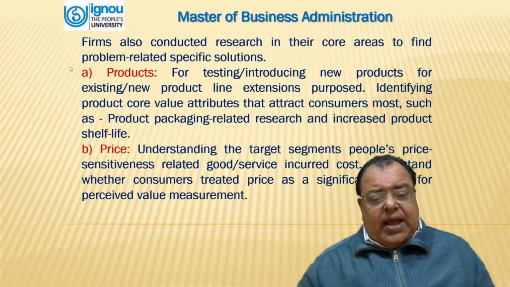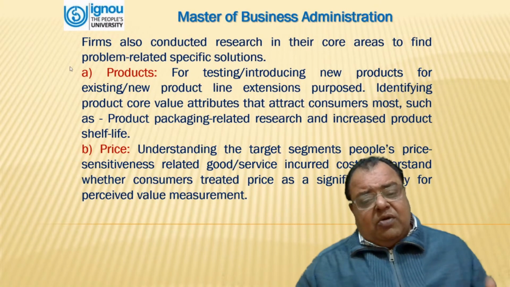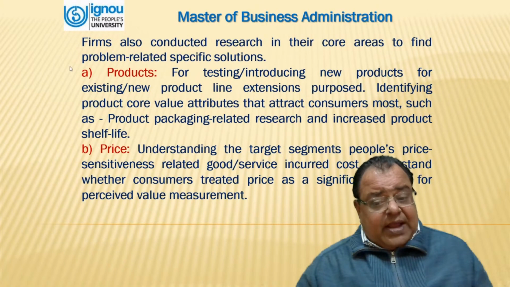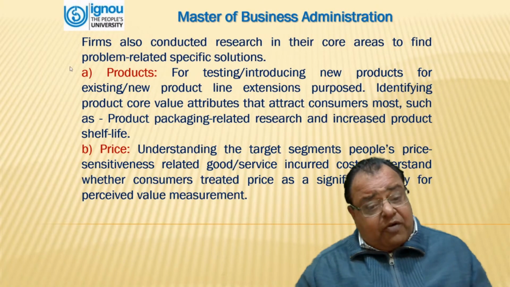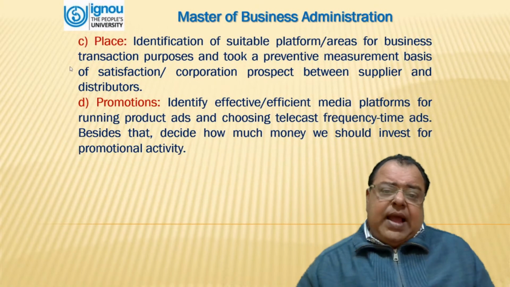Second one is price. Understanding the target segment's price sensitivity related to goods or services and incurred cost. Understand whether consumers treat price as a significant entity or as a measure of perceived value. Place.